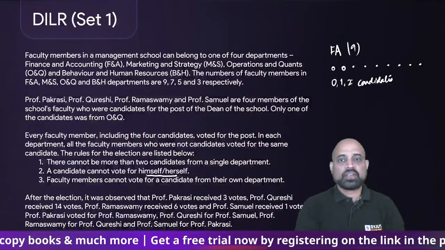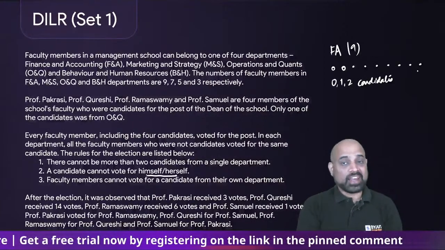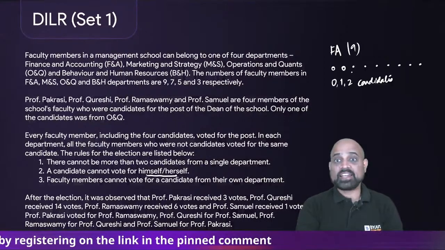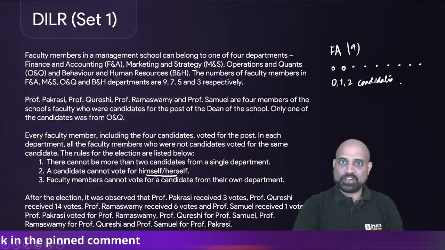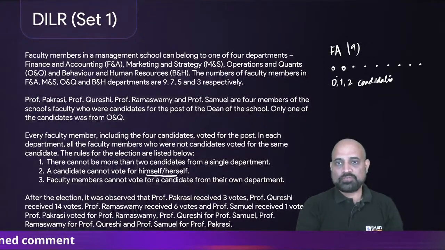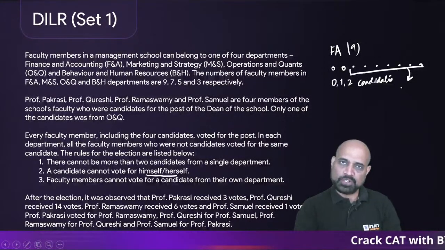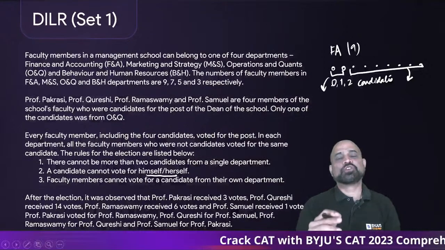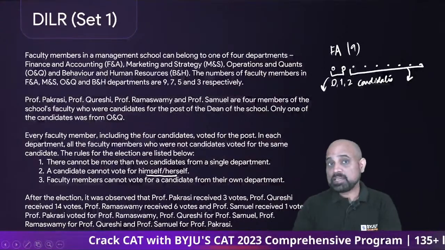Also, all these 9 members, including the candidates, cannot vote for their own department. So they can't vote for F&A. So if these 2 candidates are here, and if you talk about the remaining 7, these 7 may have voted for some particular other department, and these 2 candidates also must have voted for some other department, or maybe all 9 of them voted for the same department.